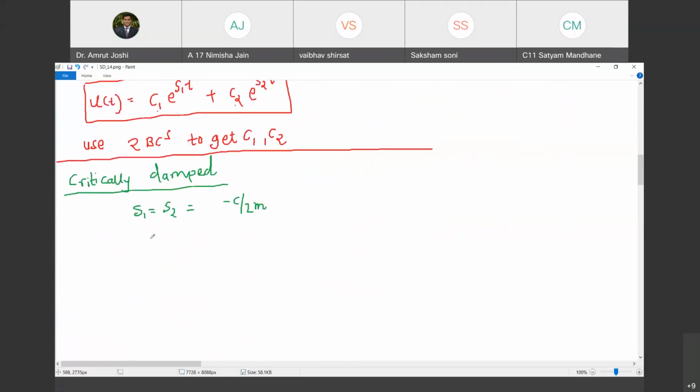So S1 is going to be equal to S2. Happy? Yes, sir. And if I now write U of t as C1 e raised to minus c by 2m t plus C2 e raised to minus c by 2m t. Are you with me?